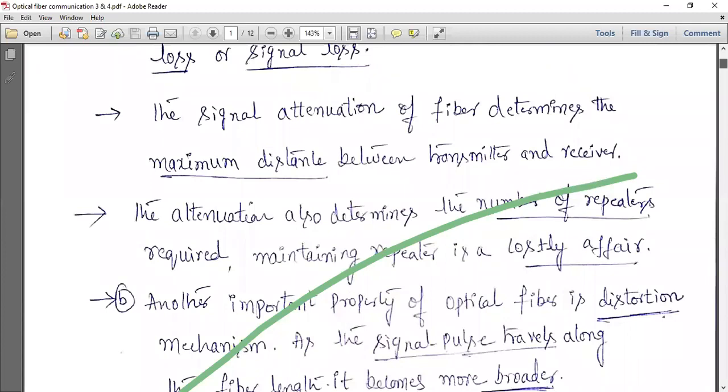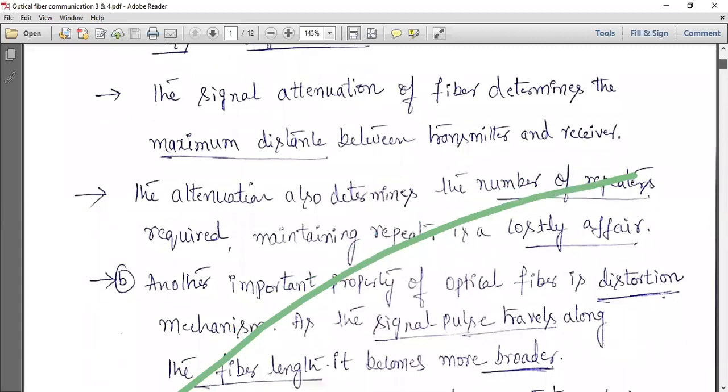It consists of two things: one is an amplifier, another one is a filter. The amplifier is to boost your signal, in this case your optical signal, and the filter is to remove the noise. If any noise is added in between, the filter is used to remove it. Amplification as well as the filter are part of it.